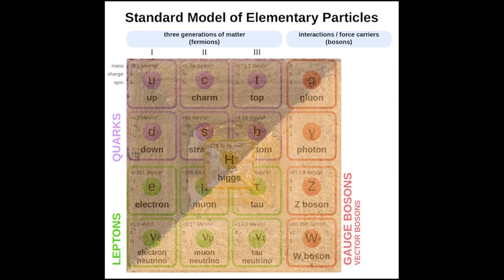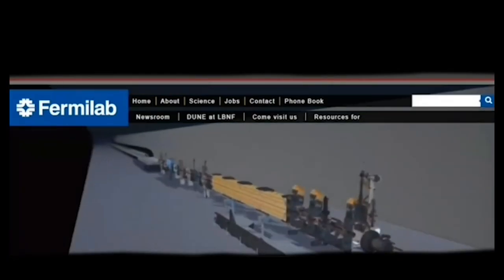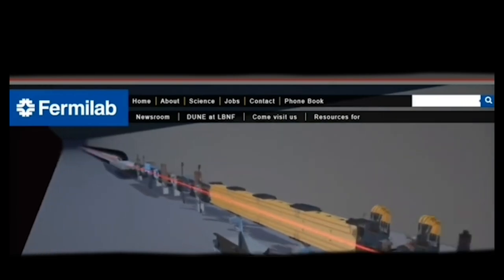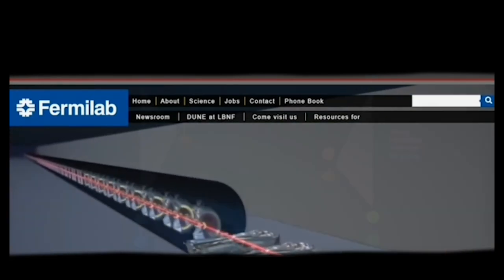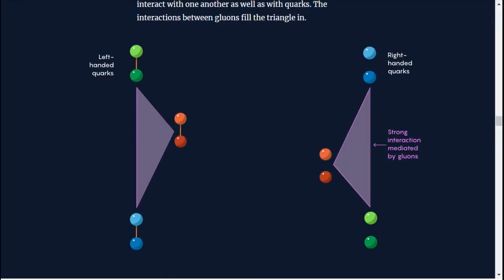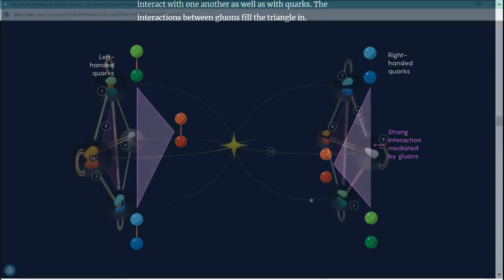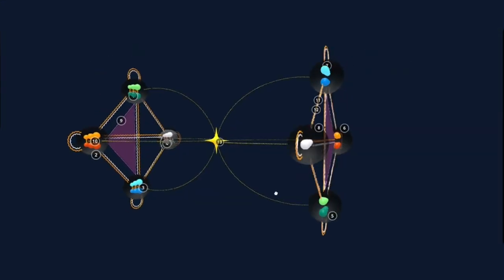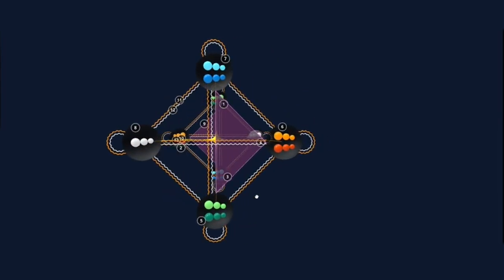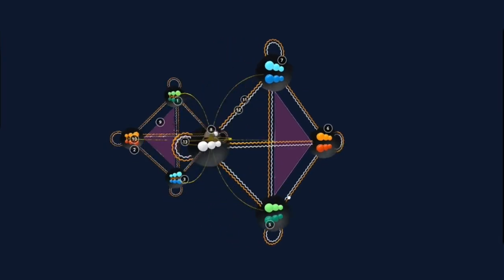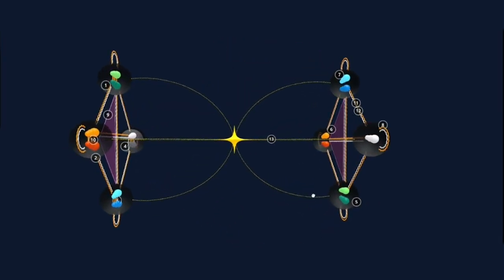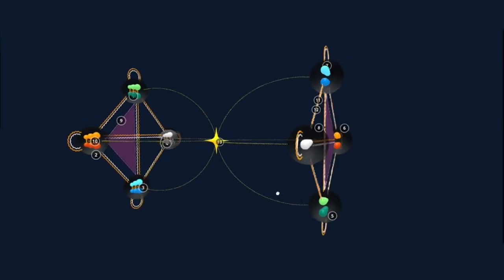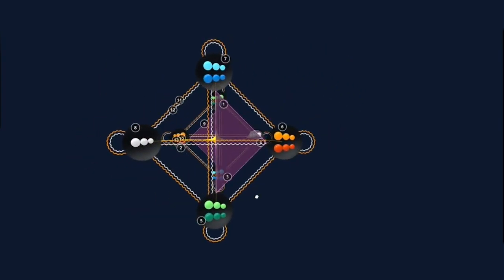Chris Quigg, a particle physicist at the Fermi National Accelerator Laboratory in Illinois, describes this visualization as a double simplex representation, because the left-handed and right-handed particles of nature each form a simplex, a generalization of a triangle. If you take into account that those triangles are in 4D space, they actually form pyramidal structures, 2 of them in fact joined together to form a figure 8 or infinity-like structure with the Higgs boson as the central capstone of each pyramid.